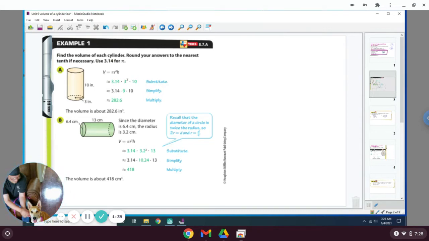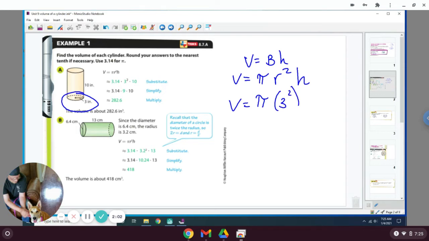Okay, so we're going to do V equals big B times H, which is the same thing as V equals pi times radius squared times the height. I'm just going to leave pi as pi, and I'm going to use 3.14 to solve it. The radius, I look at the circle, it gives me the radius because it goes halfway. So the radius is 3, we're going to square that, and the height of the cylinder is 10.